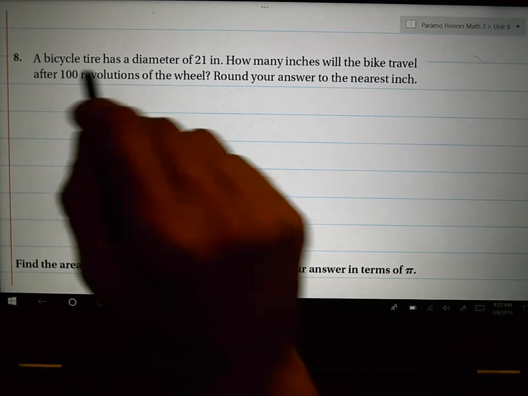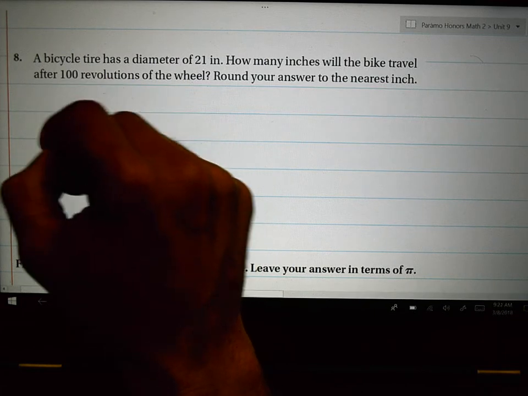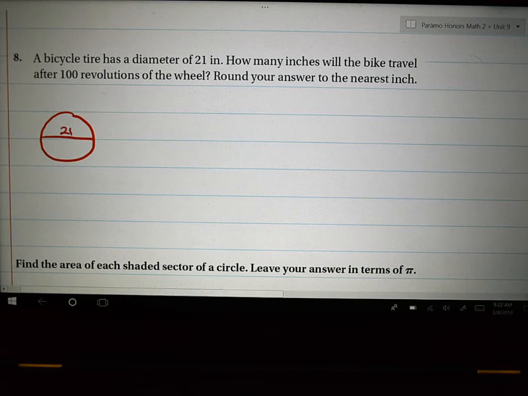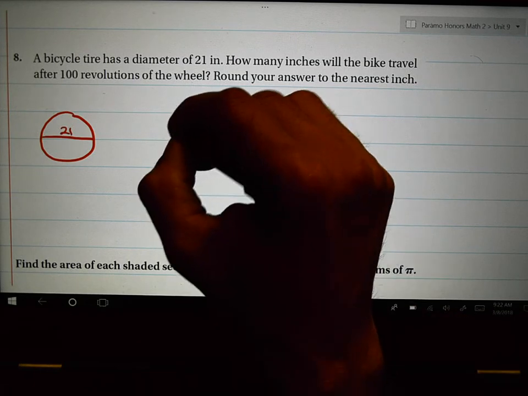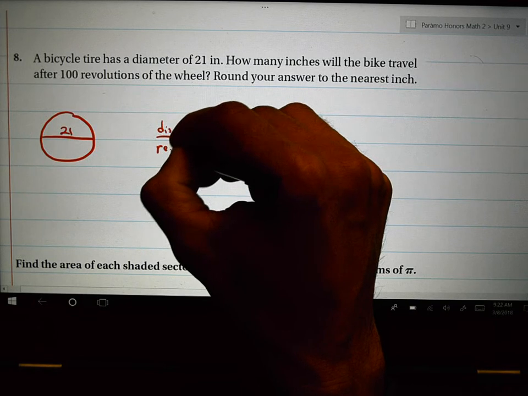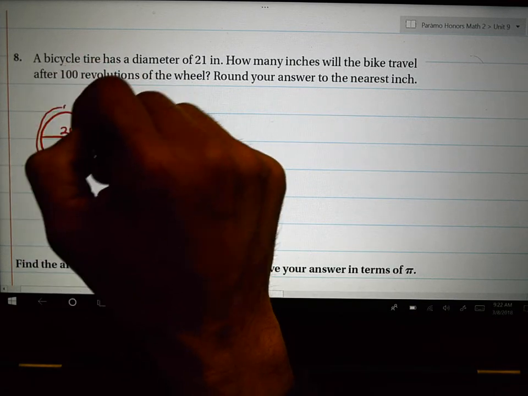A bicycle tire has a diameter of 21 inches. Here's the tire. The diameter is 21 inches. So the basic thing that I need to think of is, how far does it travel in 1 revolution? How's the distance per revolution? How can I find the distance from here all the way around?